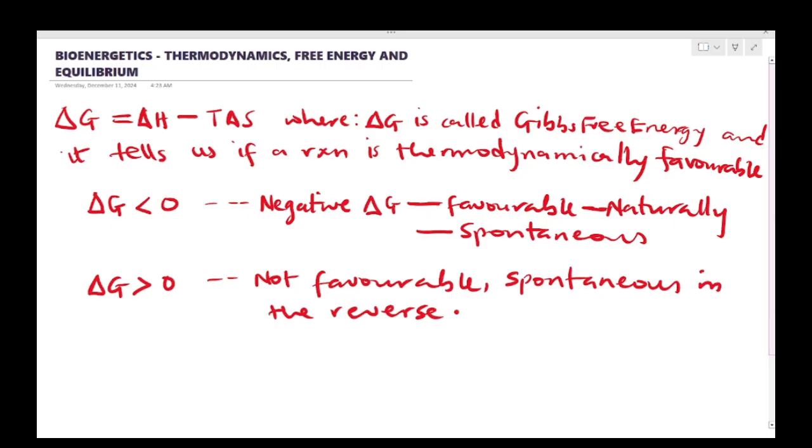That Gibbs free energy tells you if a reaction as written is thermodynamically favorable. When we say as written, it simply implies that the reactants are proceeding to products, the reaction is moving from left to right.